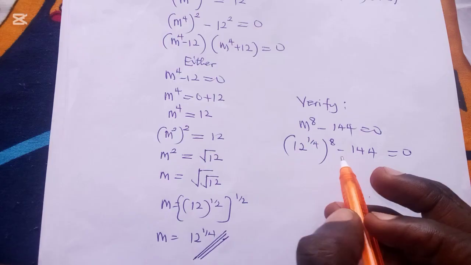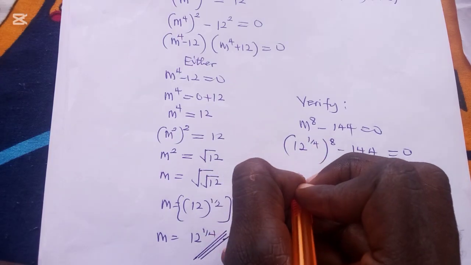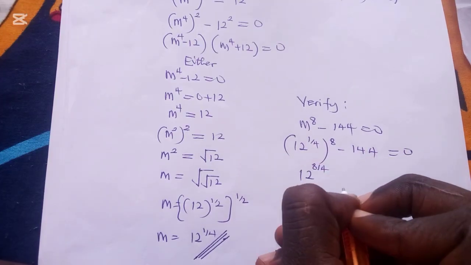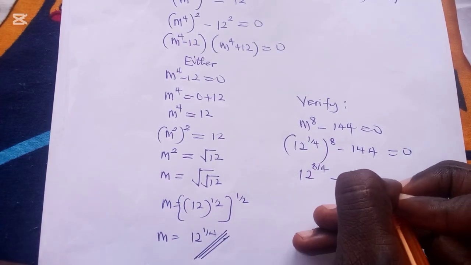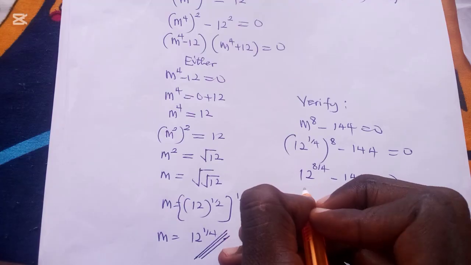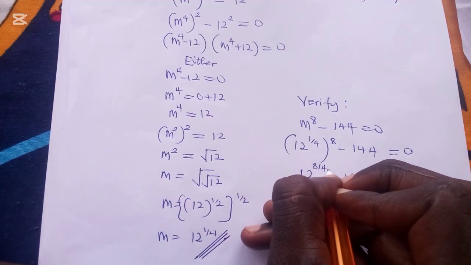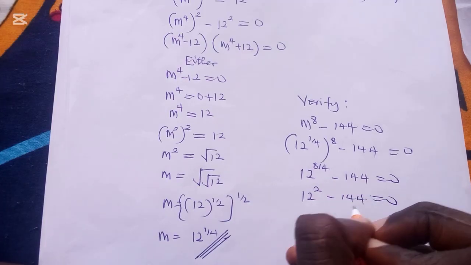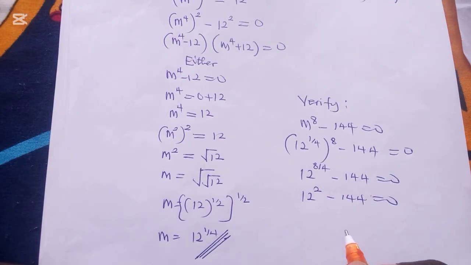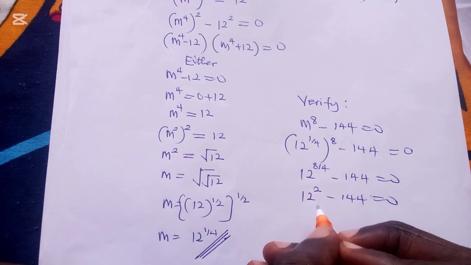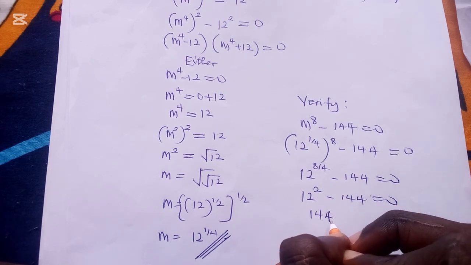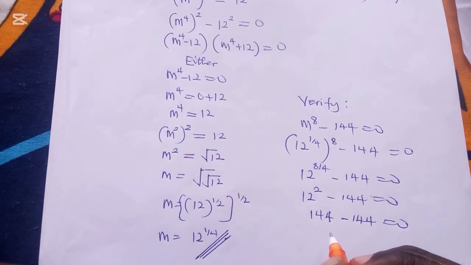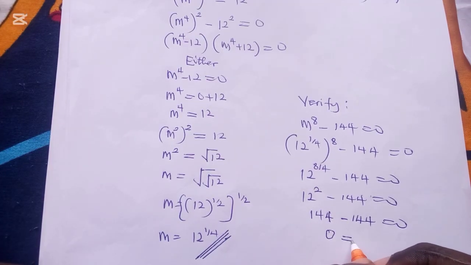Applying the power law of indices, we multiply the two powers, which becomes 12 raised to the power 8 upon 4 minus 144, equal to 0. Then 12 raised to the power 2 is 144, 144 minus 144 is 0.